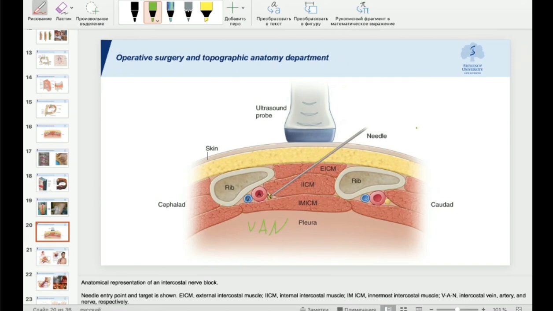So how to remember in your mind that we have this triplex? It's very, very easy. So please look. V means vena. Another one looks like a mirror. It is an artery.